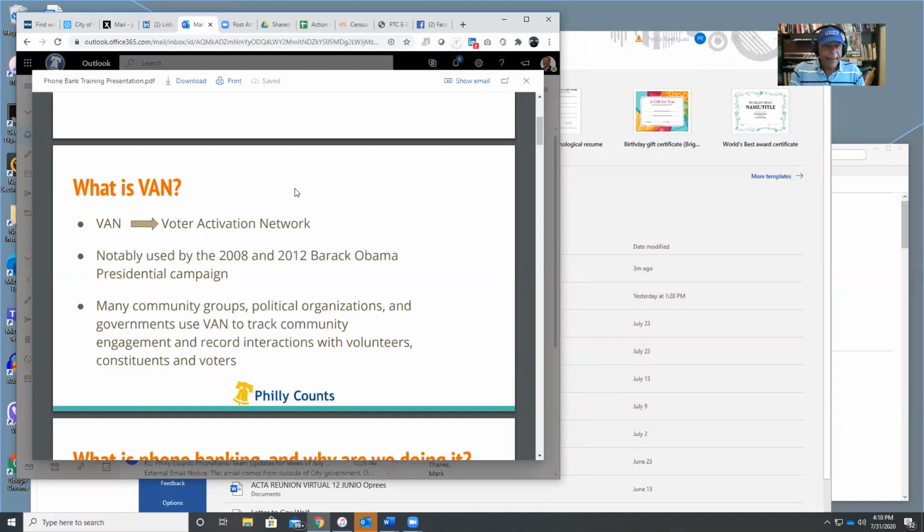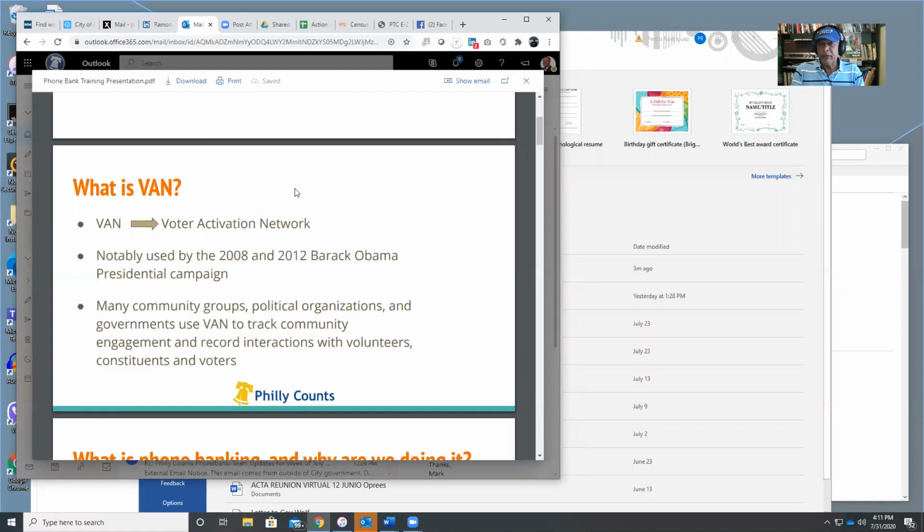After the campaigns were over, this became a commercial product and is mostly used now by community organizations doing community organizing, and political organizations doing specific electoral campaigns. Philanthropies use it. Some churches use it to manage the work with their congregations and members. Some businesses use VAN too, because VAN is actually a customer relation platform.